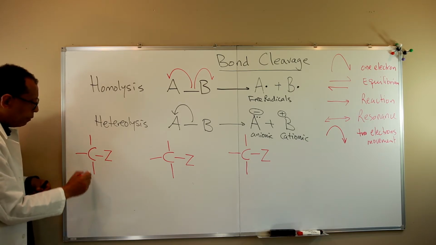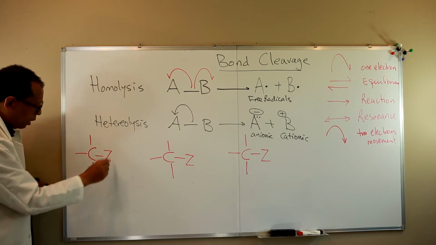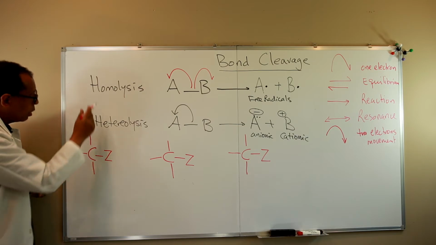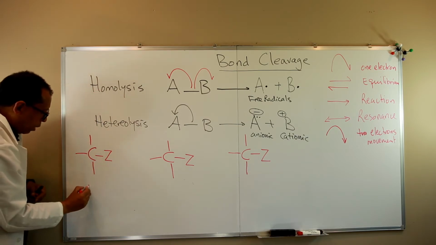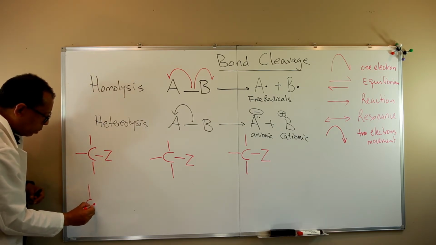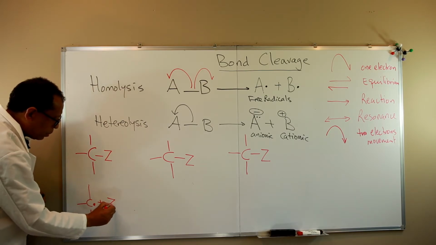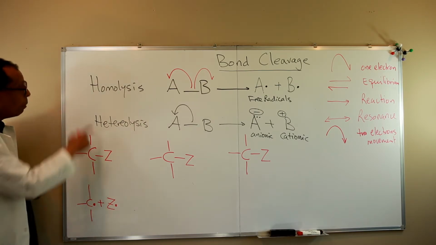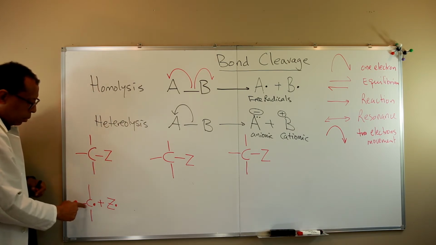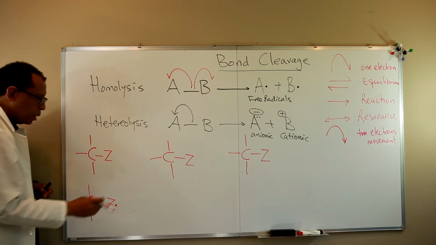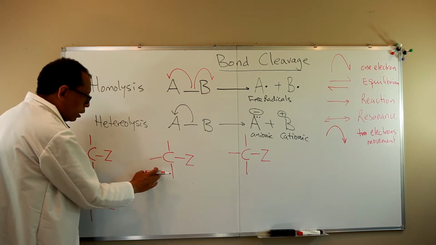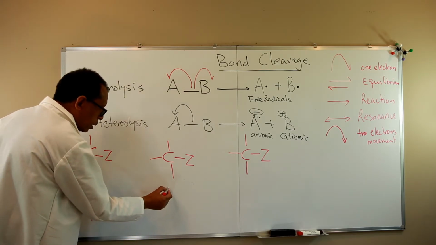Let's start with homolysis: you would have C radical plus Z radical. This is an example of homolysis, where the carbon just has a carbon radical.